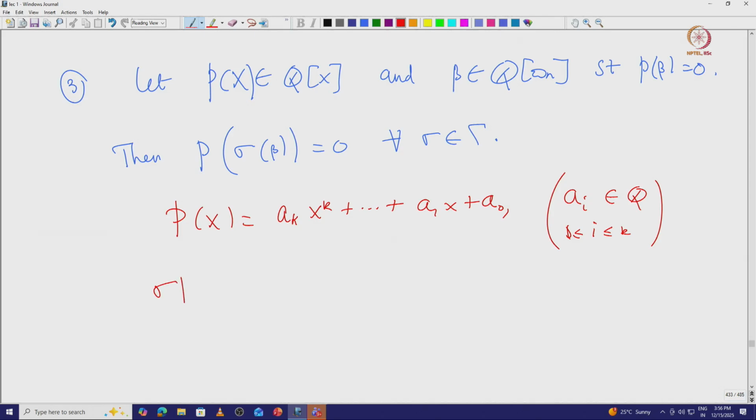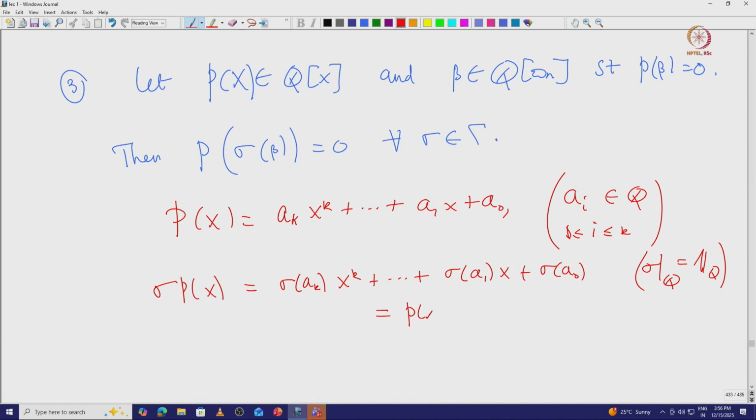So, sigma p x is exactly sigma a k x power k plus etcetera plus sigma a 1 x plus sigma a naught, which is exactly equal to, because sigma restricted to rationals is nothing but identity on rationals, p of x.